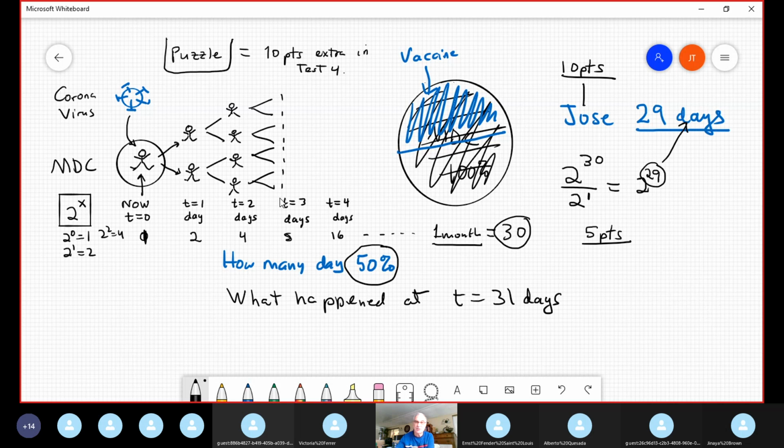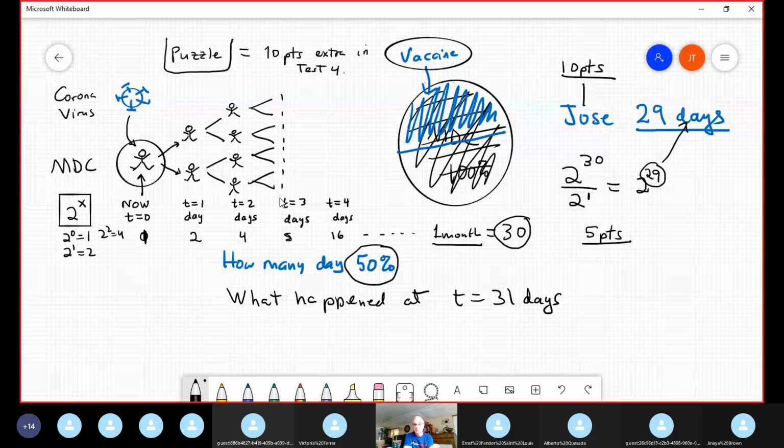Because the vaccine never comes, the number of students infected with the coronavirus keeps increasing. What happened with the population of infected students? Come on, opinion, 5 extra points. Another student. Come on, guys. What's going on? Exponential function.